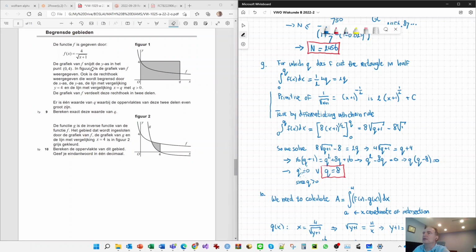Now another skill comes up, which is primitives. If you look at a standard function, it is more of the form x to some power a.